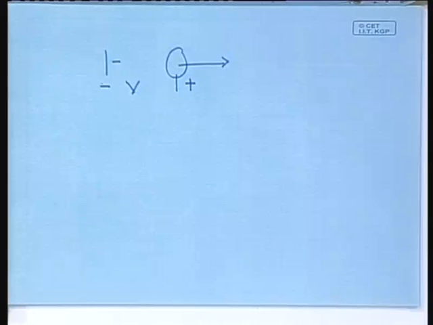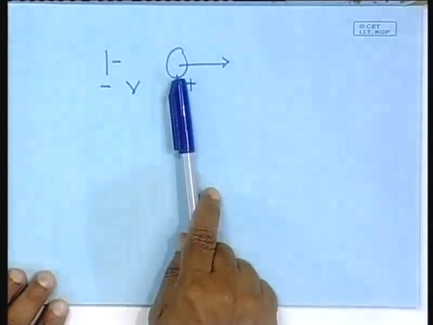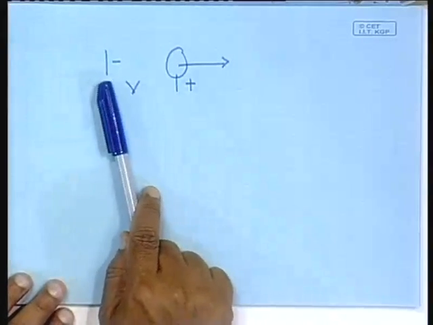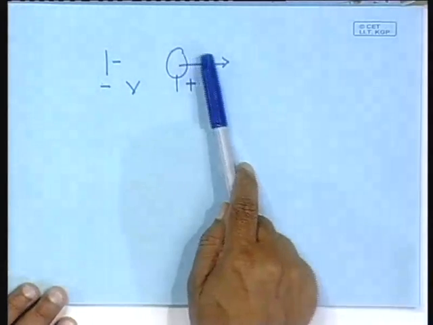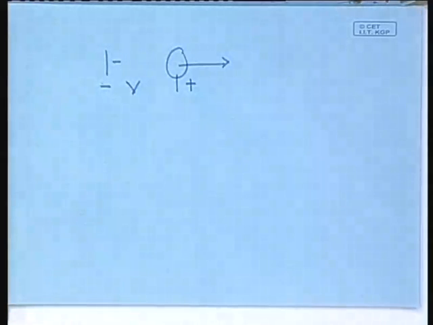The question that we are interested in is, suppose there is an electron gun where an electron is made to go through a potential difference V, what is the wavelength of the electrons that come out? Let us calculate this.